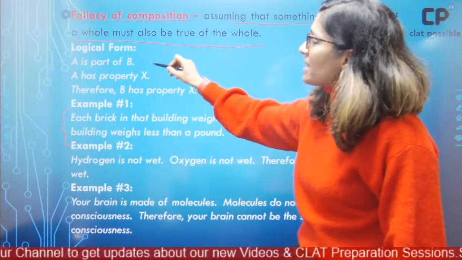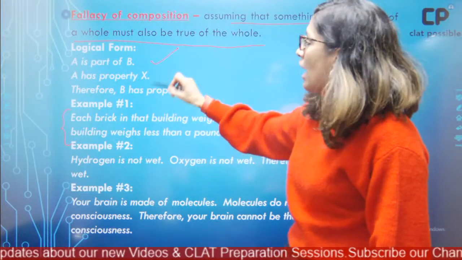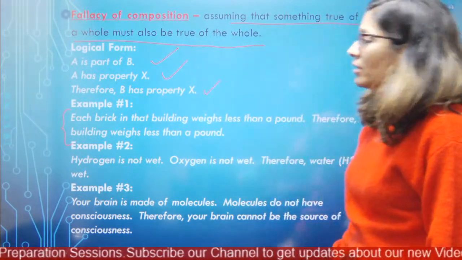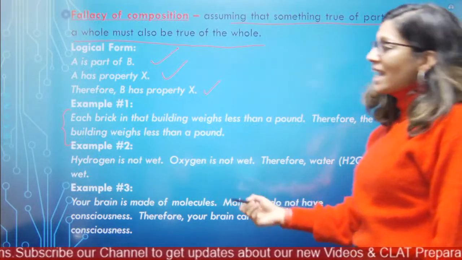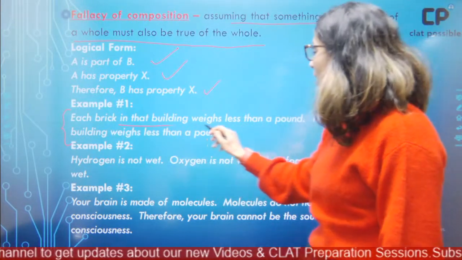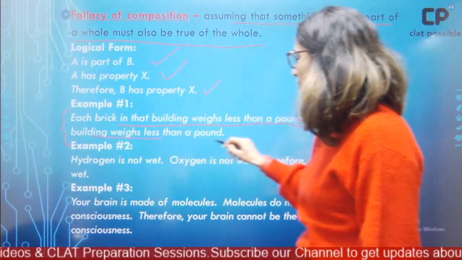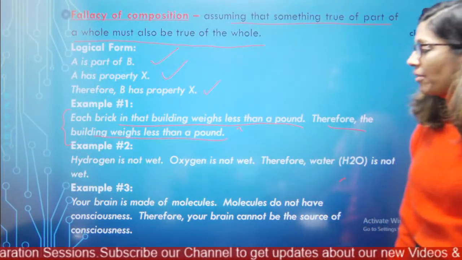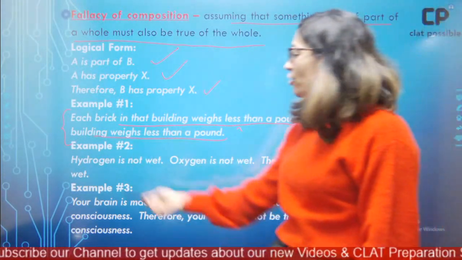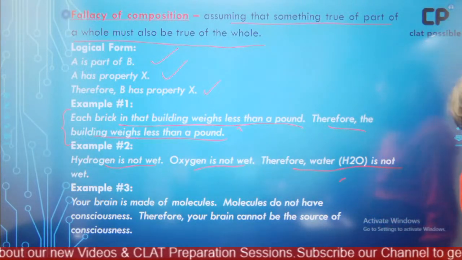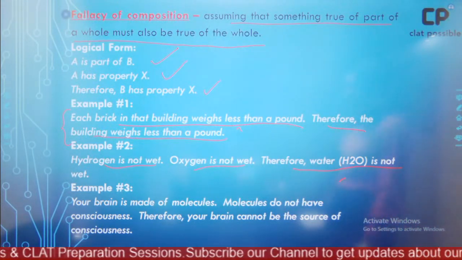The logical form is, if A is a part of B, and if A has property X, B will also have property X. This is false. It is just like saying every brick in that building weighs less than a pound, therefore the whole building weighs less than a pound. Funny, isn't it? Or hydrogen is not wet, oxygen is not wet, therefore H2O, which is water, is not wet. Can you say that?